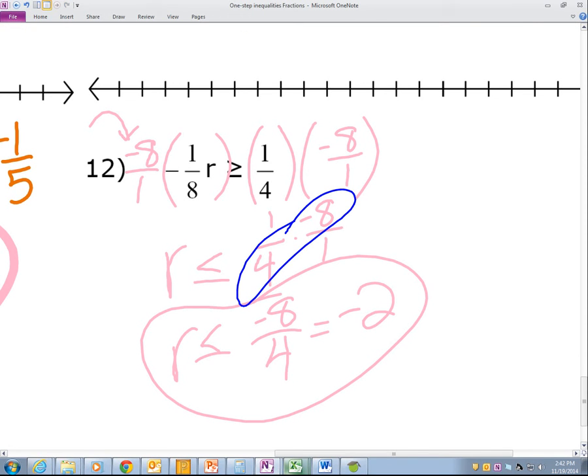I'm going to divide that by 4, which would make this 1 over 1 times negative 4 over... negative 2. Thank you. I'm too fired up.